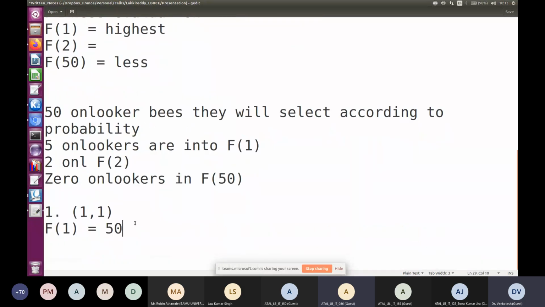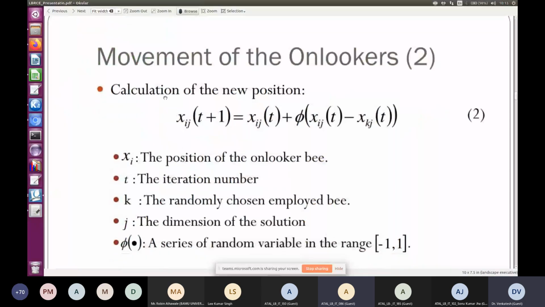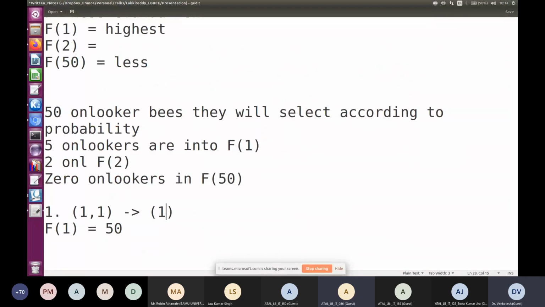Then what this onlooker will try to do is modify the coordinates of this one by following a procedure based on this mathematical equation. So what can happen in this case is that from 1 1 it will randomly modify these coordinates to 1.1, or 1.2, or even 0.9. These are xy coordinates, right?